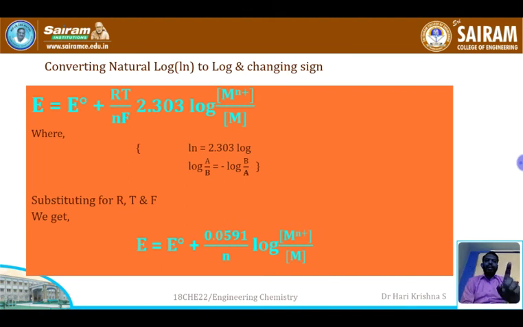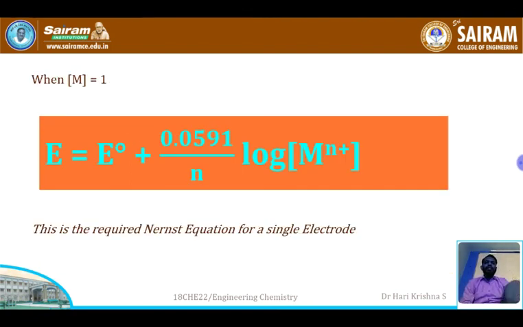But for a single metal, we consider the concentration of M equals 1. Then we get E equals E naught plus 0.0591 by n log concentration of M^n+. This is the required Nernst equation for a single electrode.